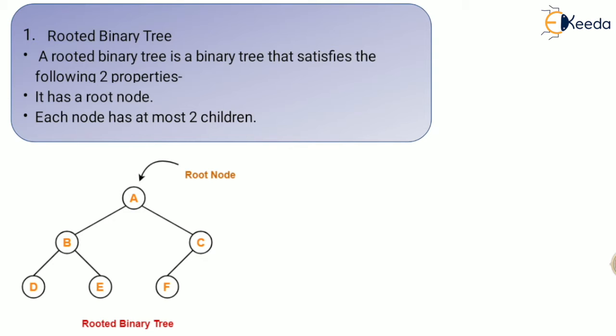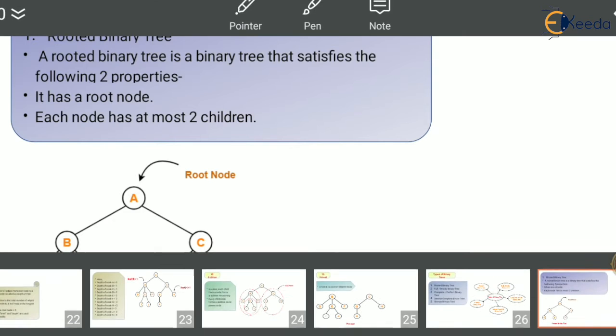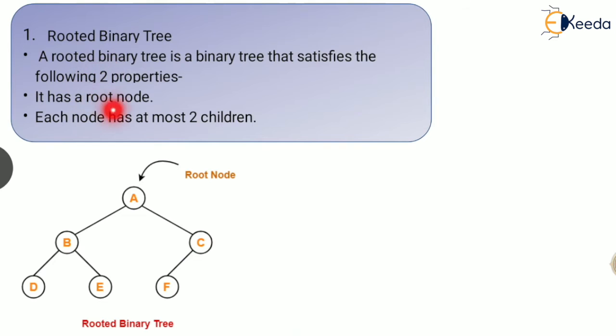There are two main conditions. First is it has a root node, right? Next is each node has at most two children. So this is important. Each node has at most two children.